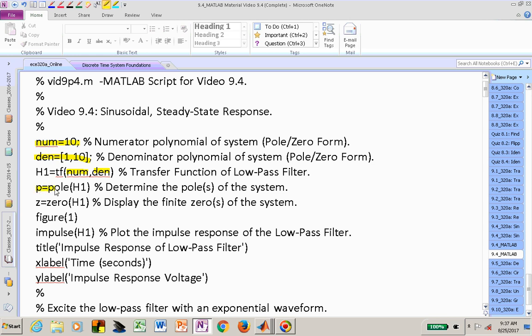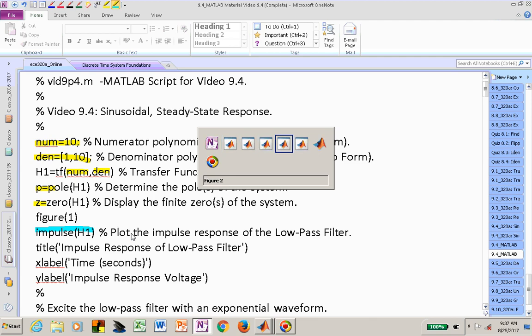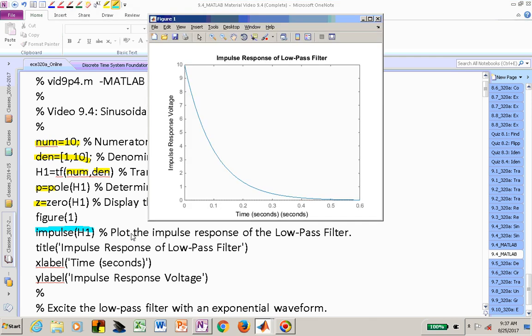We then looked at the poles and the zeros with a couple of other functions. Then in figure 1, MATLAB plotted the impulse response of that transfer function H1. If we come back and look at figure 1, that's the impulse response, and in fact that's what we would have expected.